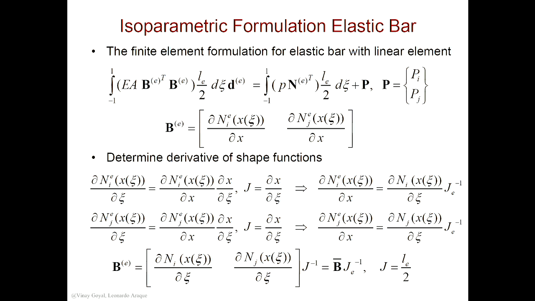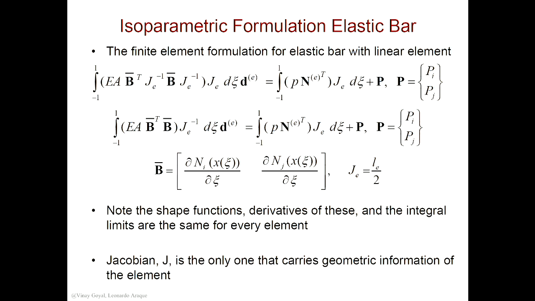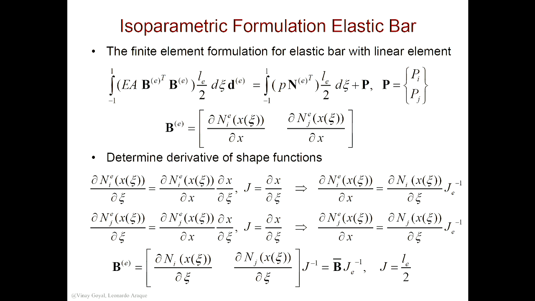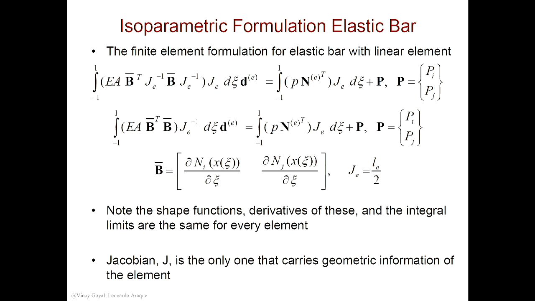Every single one of them. Okay? I already know what J is. We calculated it was L over 2. So this is 2 over L_e. Right? So now I've converted. If I substitute this B for B bar J inverse, I'm basically done.